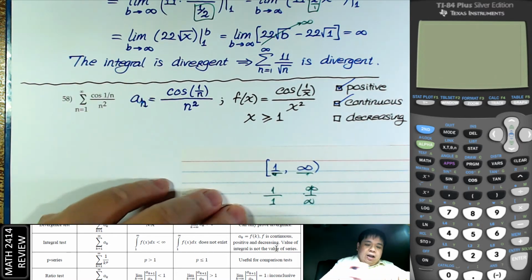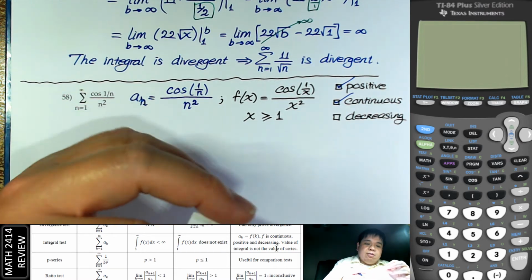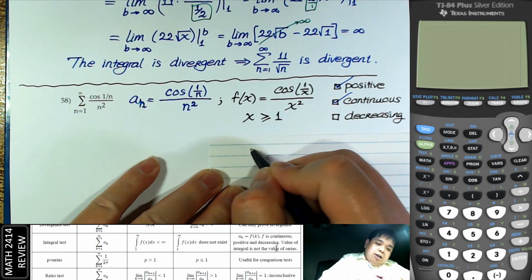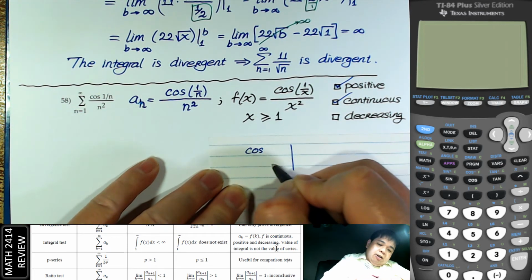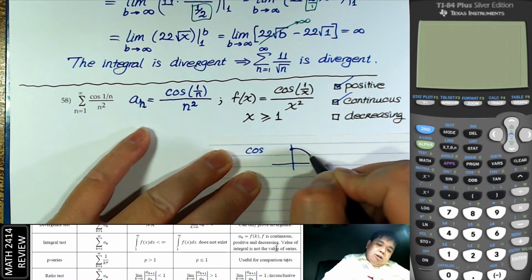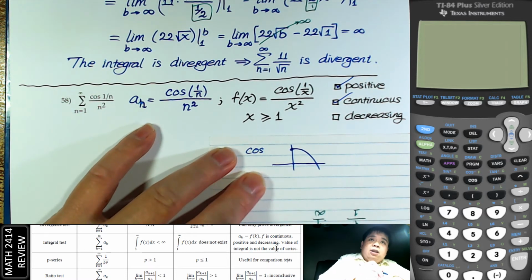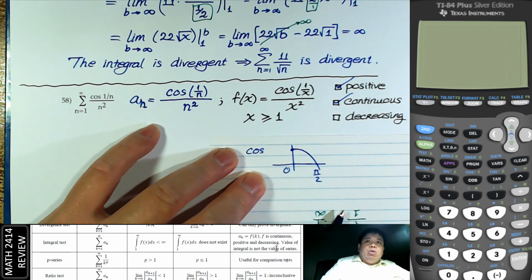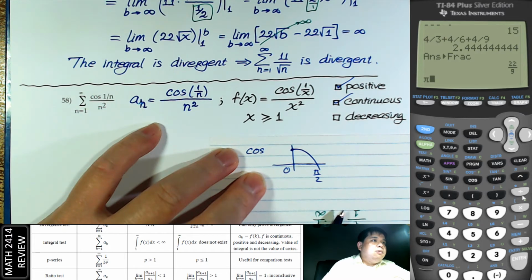Right. And let's look at the cosine function, going like that, from 0 to pi over 2. Pi over 2 radian is 1.57 radian.